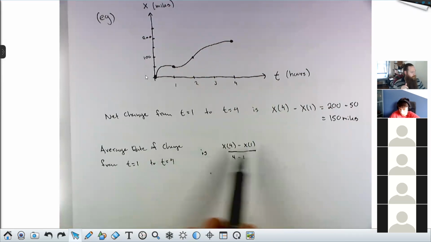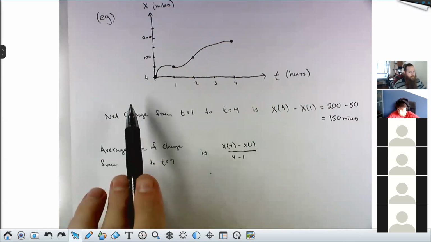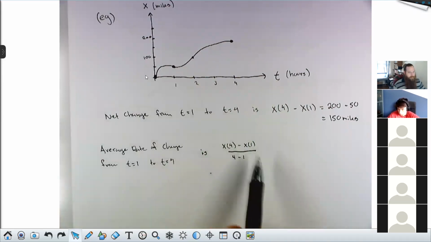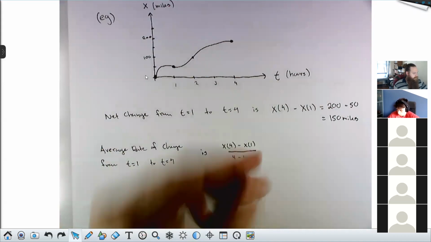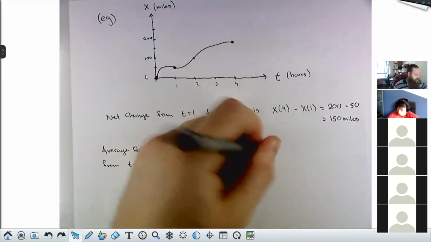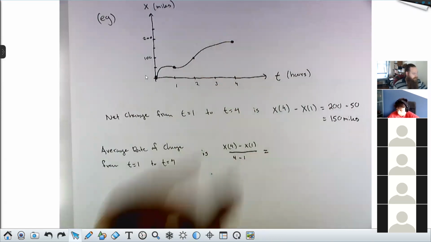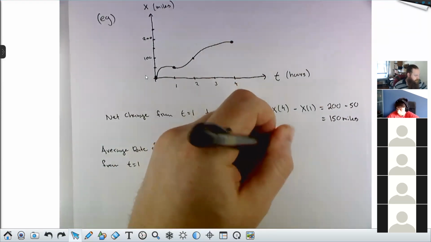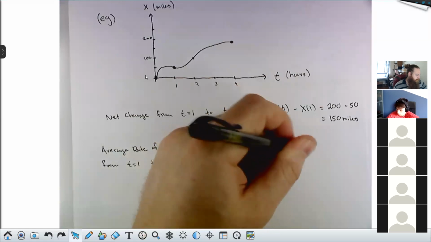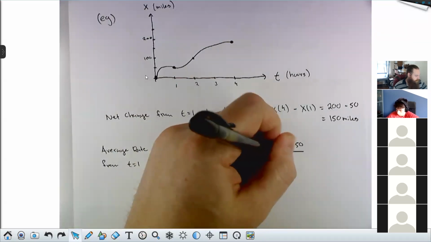It's the difference in y values or the net change divided by the difference in inputs. Here it's not x and y, it's t and x. So x of 4 minus x of 1, that's what I computed here. I know that's 150. I'll write it up, though. That's 200 minus 50 over 4 minus 1.